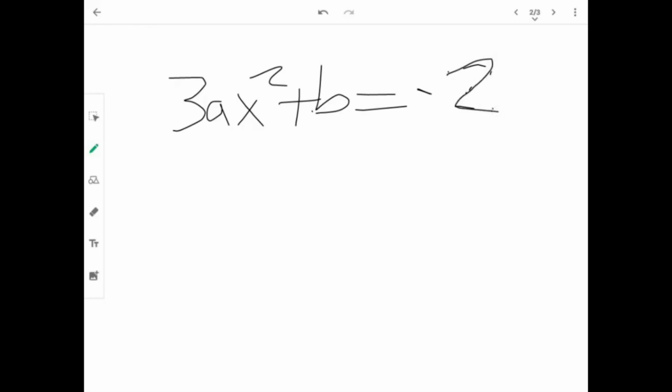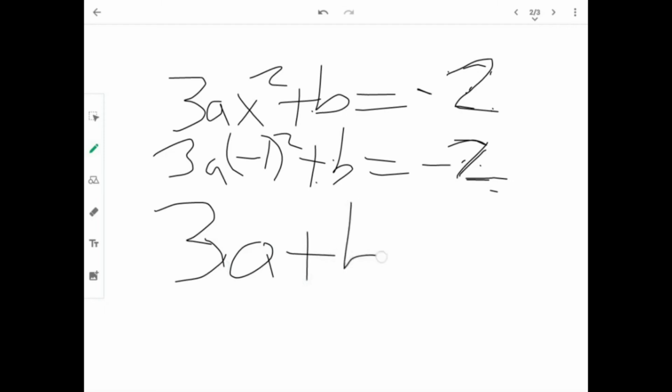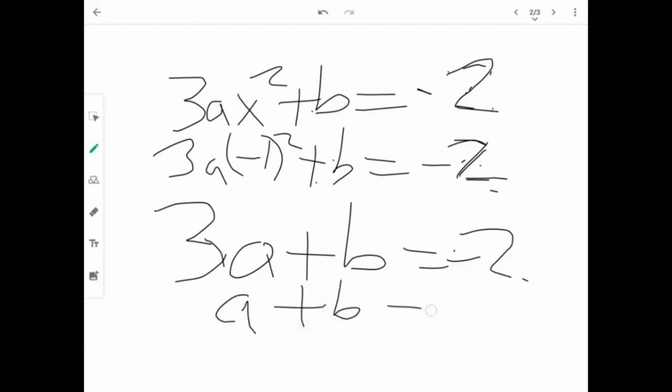And this is at x equals minus 1, so the x squared becomes minus 1 squared. So it simplifies to 3a plus b equals minus 2. And then from the other one, a plus b equals 8.